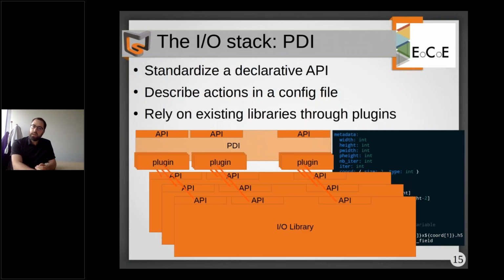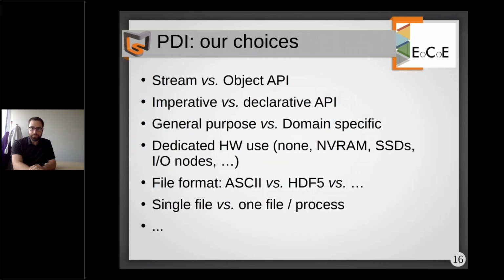And then there is a plugin system that is available in the backend, and that is the solution used in PDI to interface with the existing libraries. So the idea is really to reuse the existing IO libraries, and to provide a common interface that can be used with any library, because we offer a very high-level API.